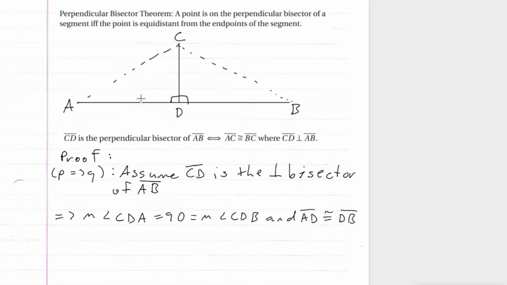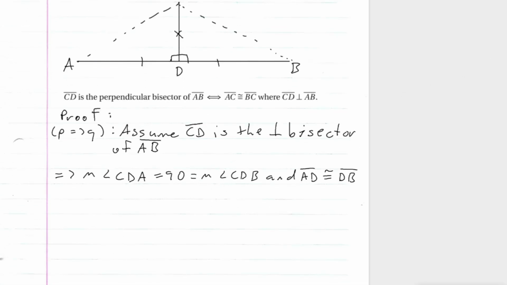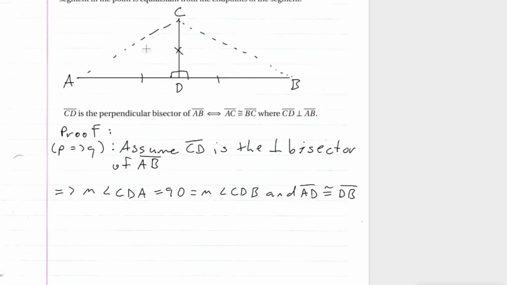Okay, so we have this is congruent to this here, and of course, if these two equal 90, they are congruent, right? So hopefully you can see that if you look at triangle ACD and BCD, these two are congruent by side angle side, right? So, well, we have AD is congruent to DB.